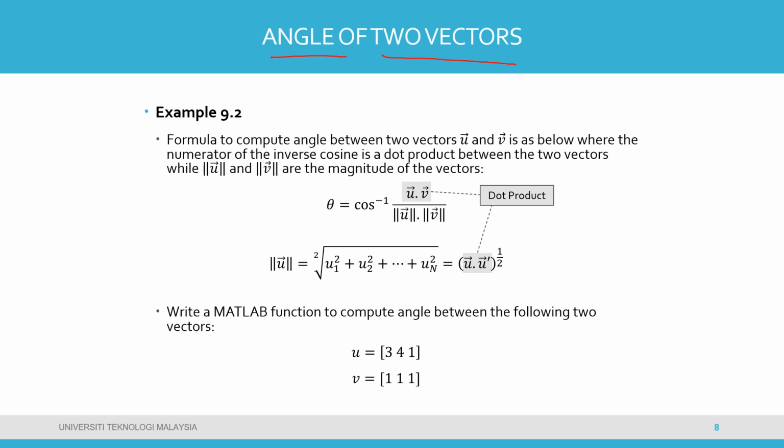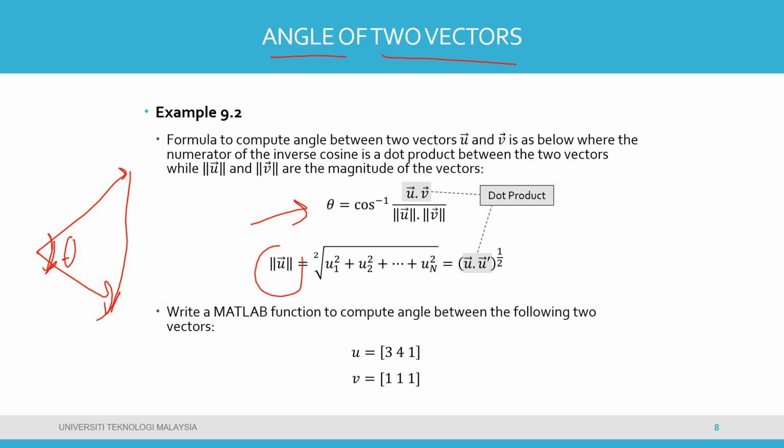You have vector 1 and vector 2, and you want to know the angle and the magnitude, A and B. The formula, if you recall back your metric learning, is that the angle is cos inverse of u dot v divided by the magnitude of u multiplied by the magnitude of v.